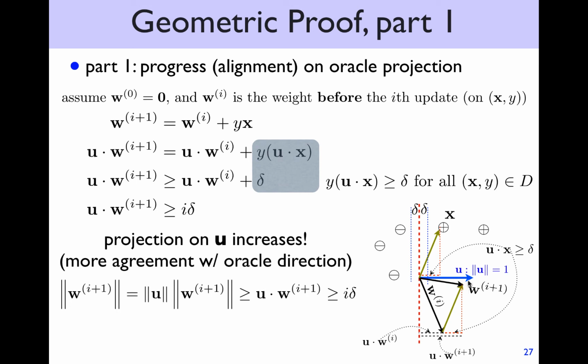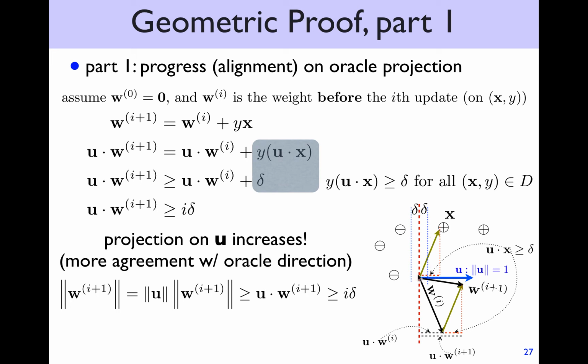How do I say that more mathematically, more formally? Well, because I know that x is to the right of this delta margin, in other words, if you project it to the u direction, the oracle direction, the projection is at least delta because it's outside of this safety buffer, right?